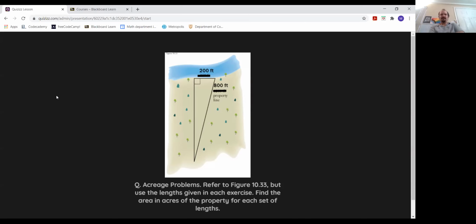Did I have the right numbers in the previous slide? I think I was doing them with the numbers that were there originally and not the corrected numbers.